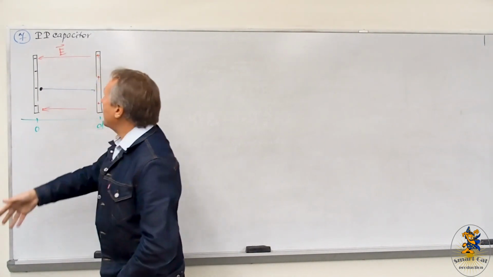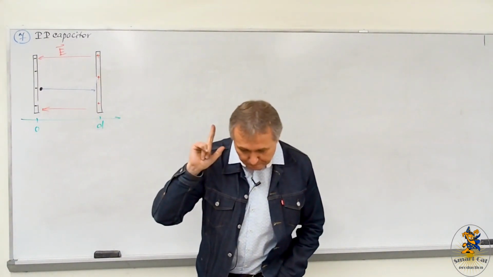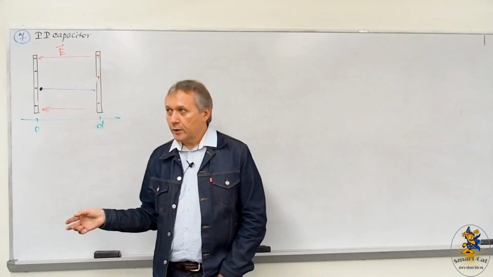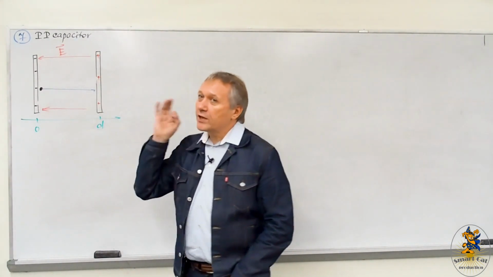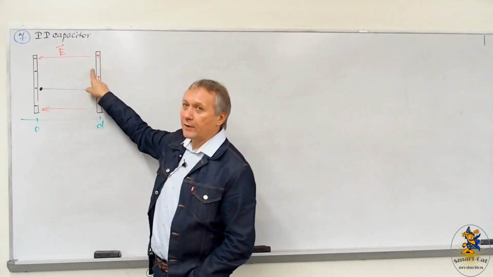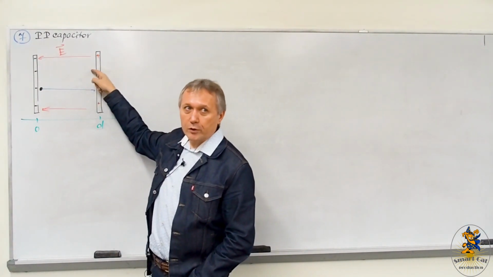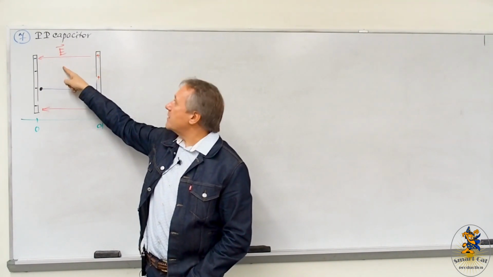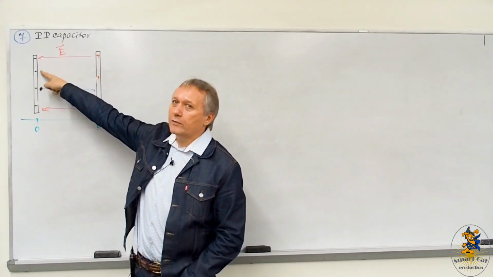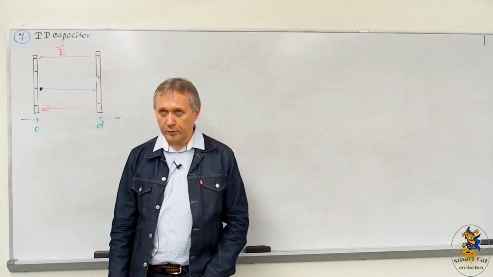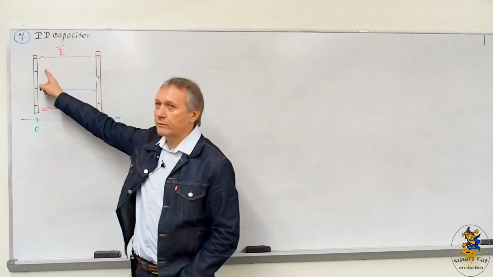A parallel plate capacitor, electric field is not given, distance between plates is not given, so we only know that if you take a proton and release it from the positive electrode, of course it is going to accelerate, it's going to fly this way, accelerating. And let's say we know the final velocity of the proton just before it is going to collide with the negative electrode. So we know only the final velocity of the proton.